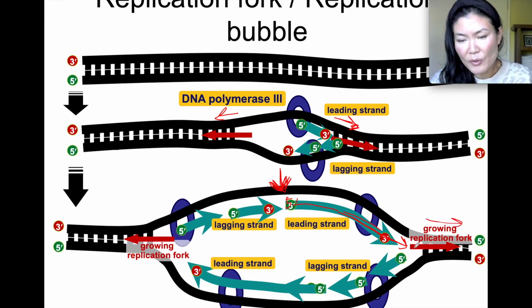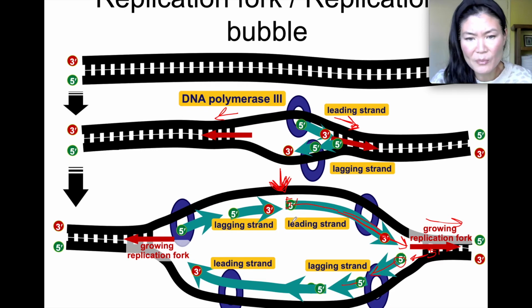And as the growing replication fork continues in this direction though, okay, as it's opening up, the 5' end is over here, and at the 3' end, nucleotides have to be added. So just imagine the replication fork opening up even further, then a new 5' end here, and then you get another fragment, okay? I apologize, I feel like this pen doesn't work very well.